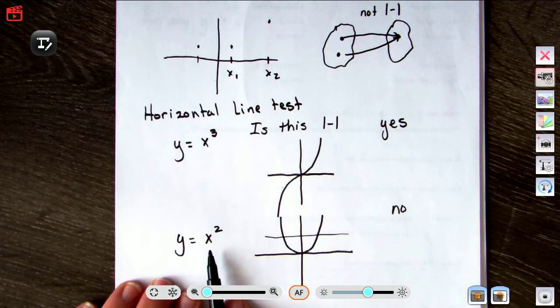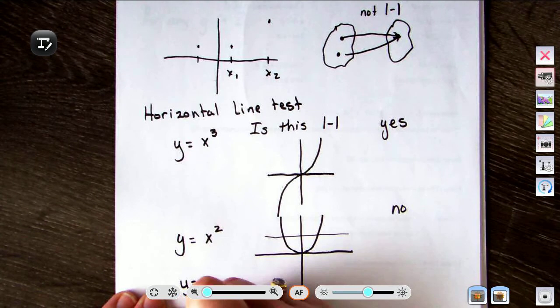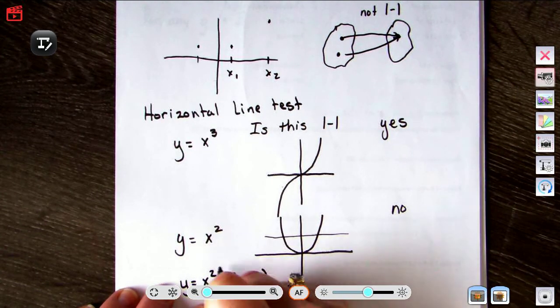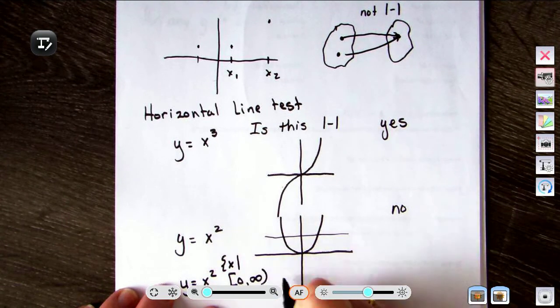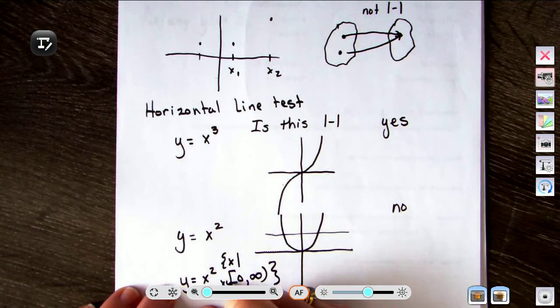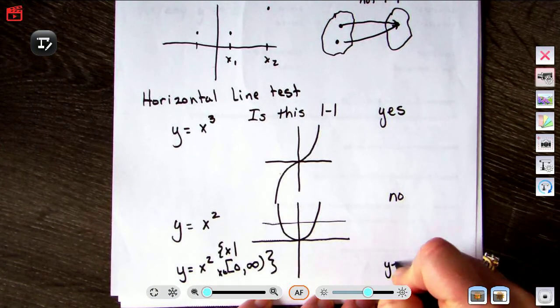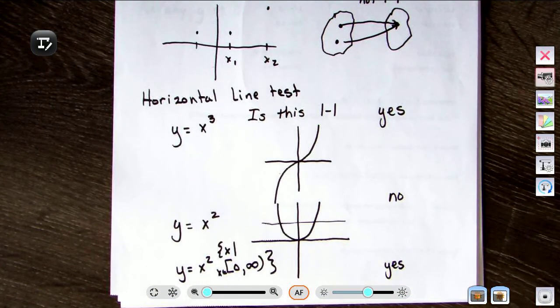Sometimes we can say, is this one-to-one? No, but if we do y equals x squared, where we're just looking such that x is an element of this region, just the positives, then that answer becomes yes. So if we restrict domains, sometimes we can get them to be one-to-one.